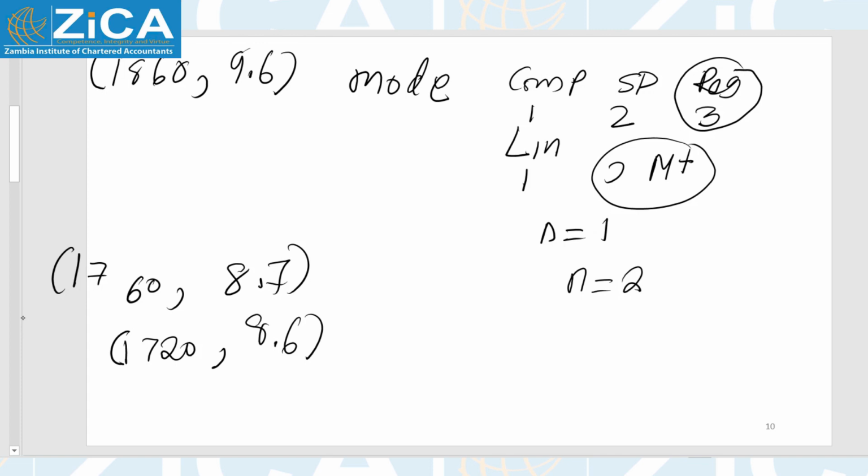The calculator will do all the work for you. The calculator will calculate the value of A. The calculator will calculate the value for B. So if you go now to shift, then S var.